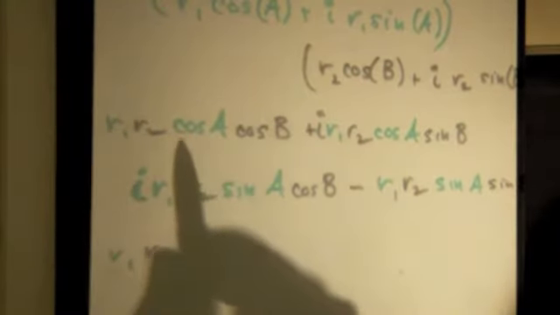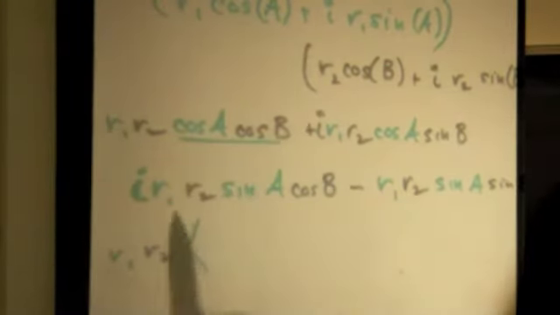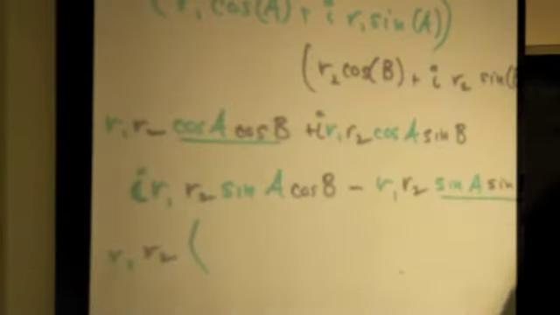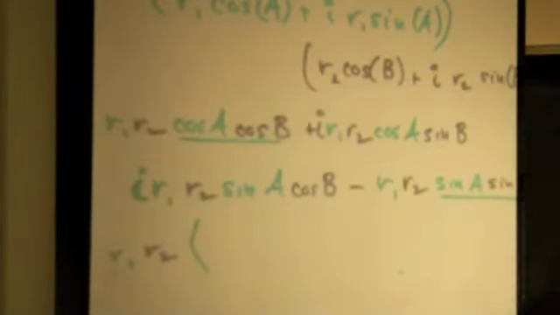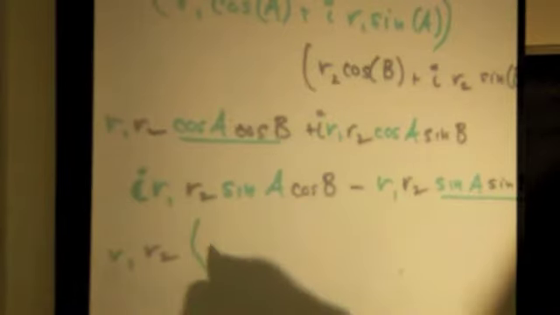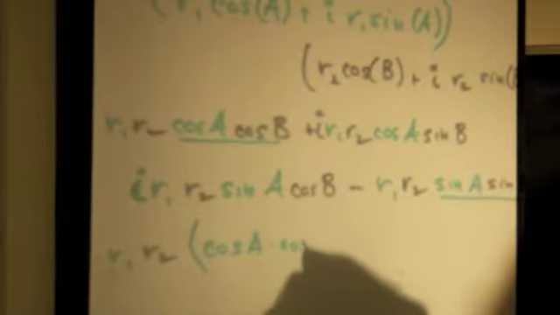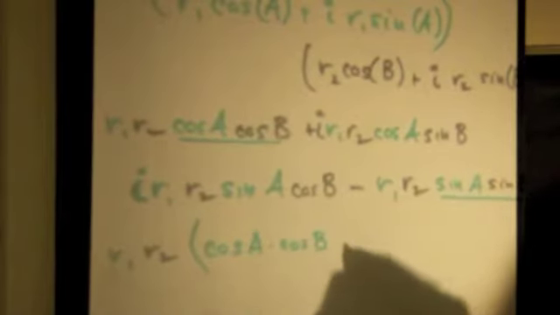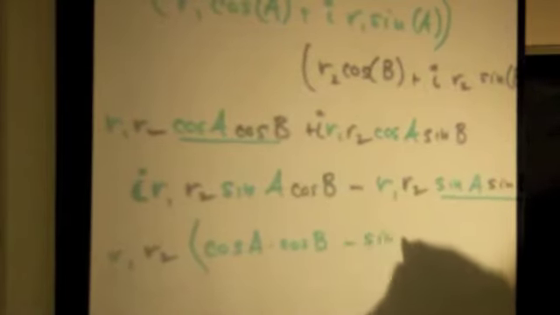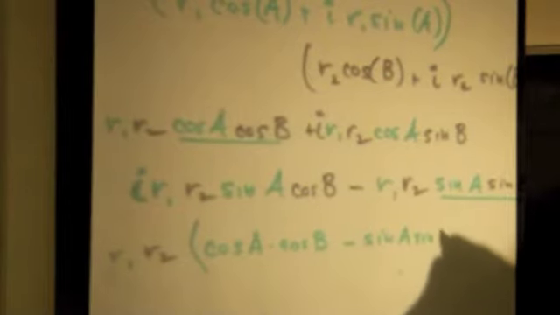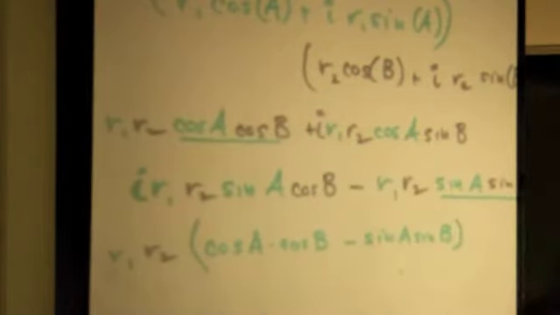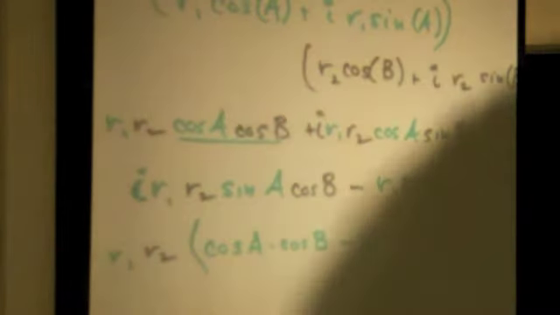So the real component is going to be this part and this part. Does that make sense? I've pulled out R1 R2, so I'm going to have cosine A, cosine B, subtract sine A, sine B. Does that make sense? And then, oopsie, don't close your parentheses yet.